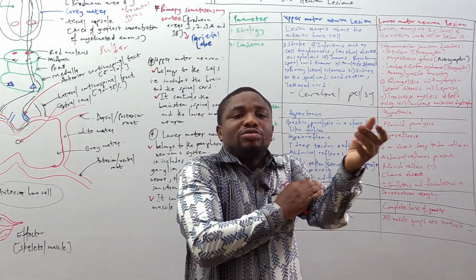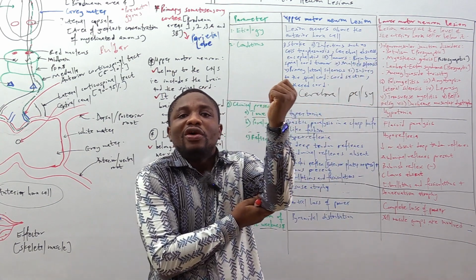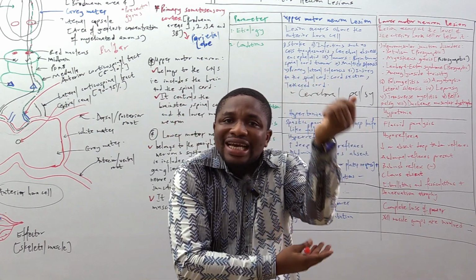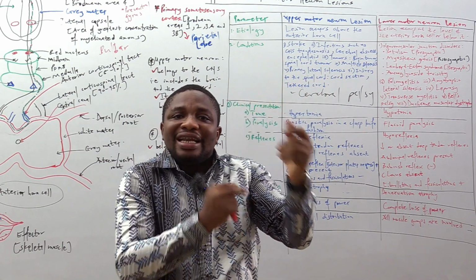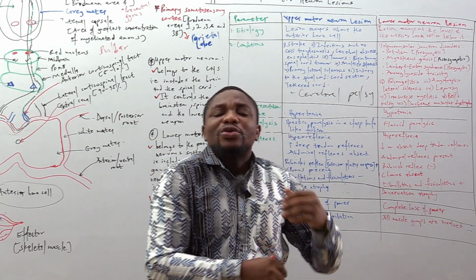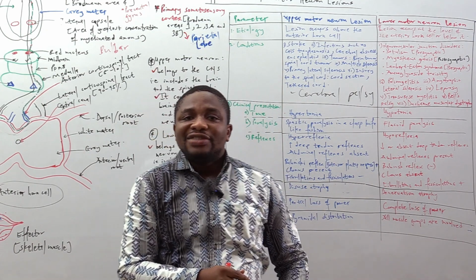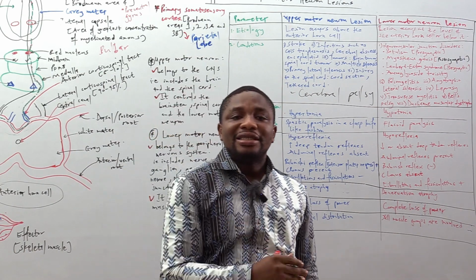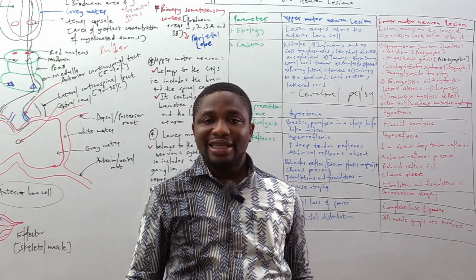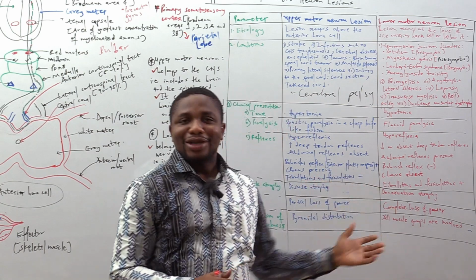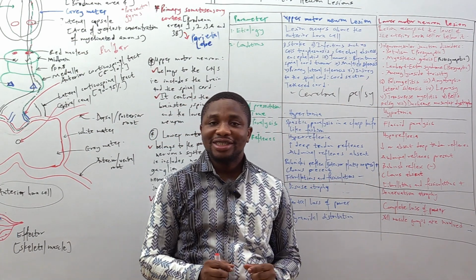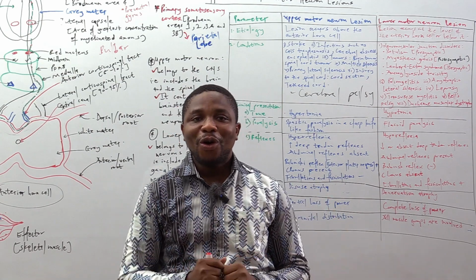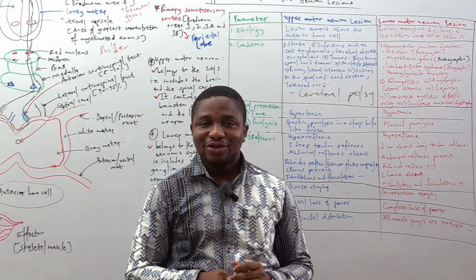If we take the upper extremities, the extensors are going to be involved, leaving out the flexors. So for the upper extremities, the extensors are affected, the flexors are intact. But if you go to the lower extremities, vice versa, meaning the flexors will be affected in the lower extremities and the extensors are going to be intact. And if you take the lower motor neuron lesions, all muscle groups are involved.